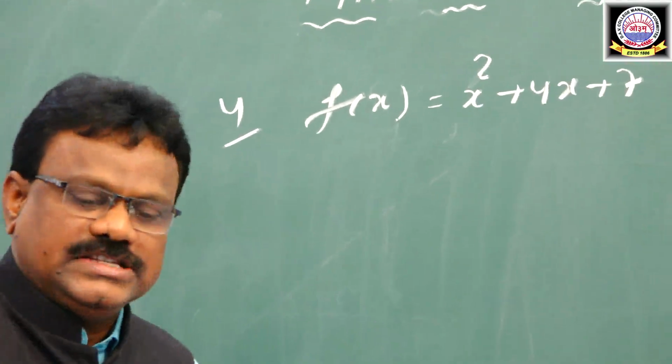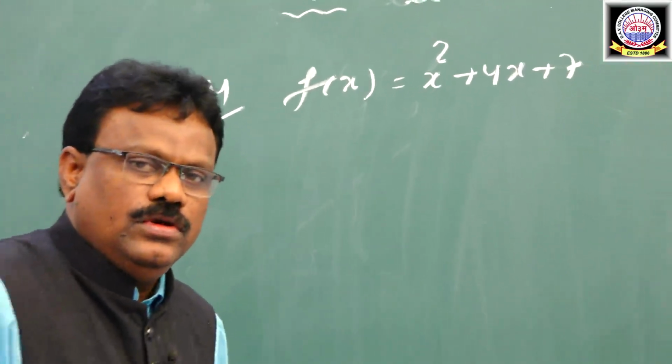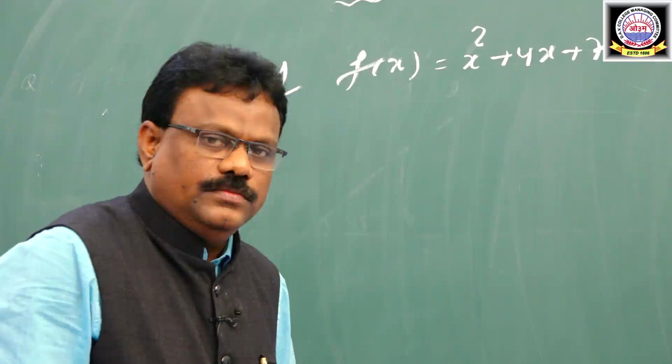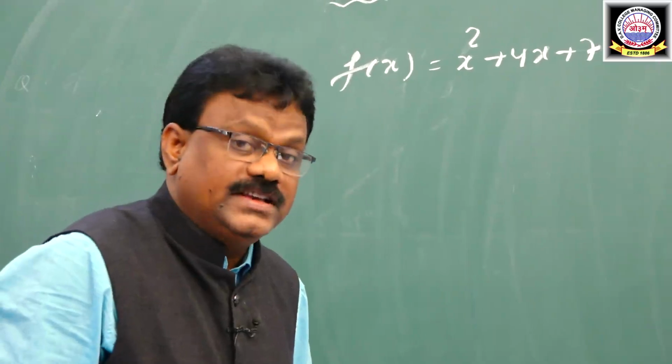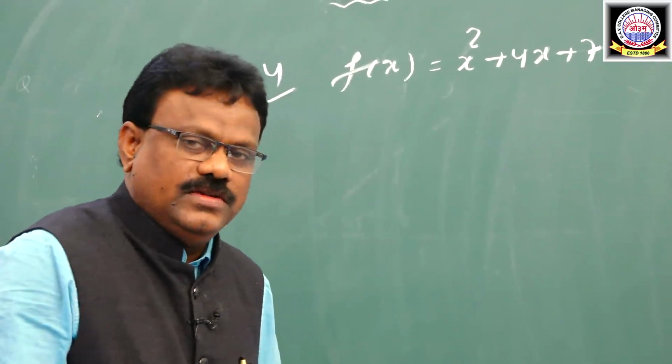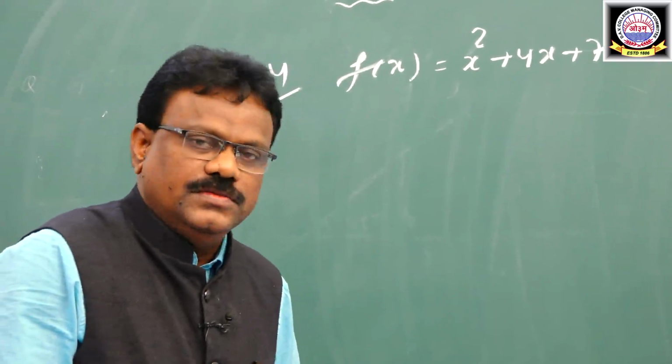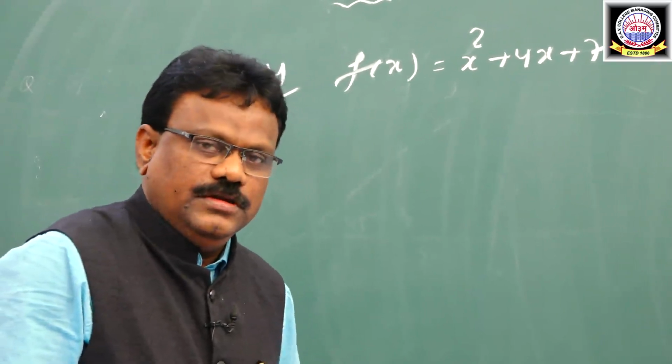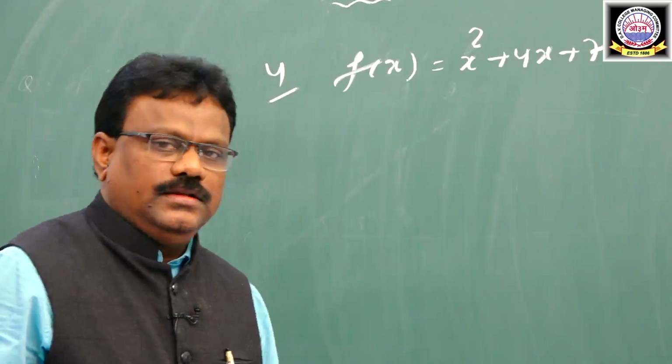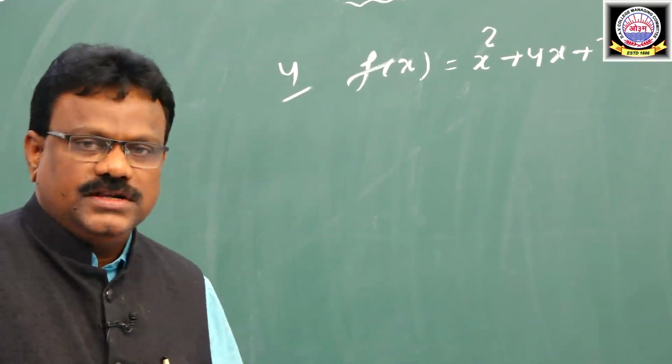The question is asked, find the maximum value and the minimum value of the function if exists. If the maximum value exists, you will find it out. If the minimum value exists, you will find it out. If anything does not exist, you will say the maxima or minima does not exist.